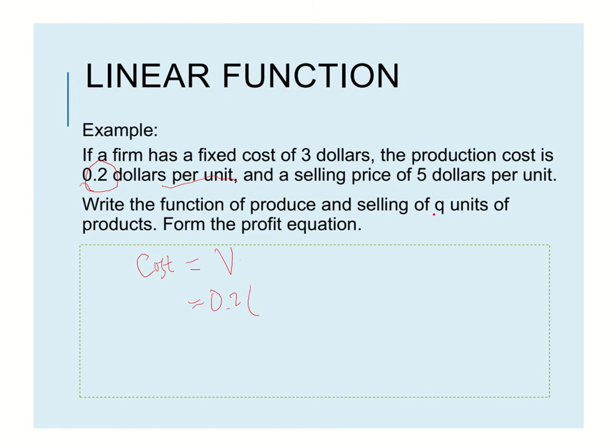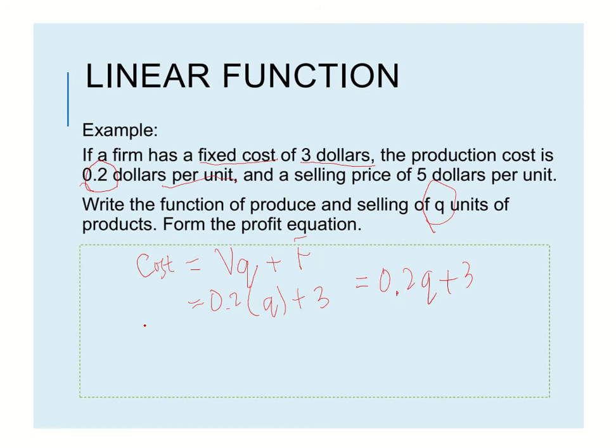The quantity is Q units. Therefore, variable cost multiplied by Q, plus the fixed cost. What is the fixed cost? The fixed cost is $3. So from here, we get that the cost is 0.2Q plus 3.